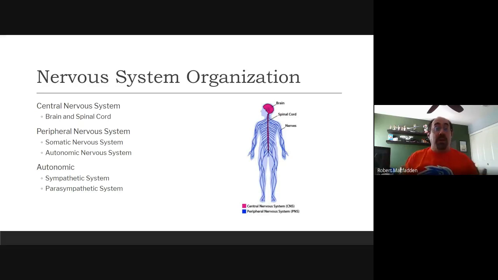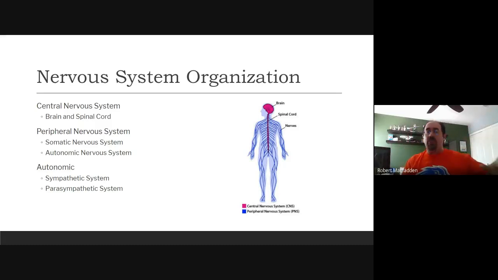Okay. So if you've ever been around somebody who is so scared that they threw up, that's their sympathetic nervous system getting them ready to run like hell. Okay. So the sympathetic nervous system keys you up and gets you ready to go. The parasympathetic nervous system brings you back down to a normal state.